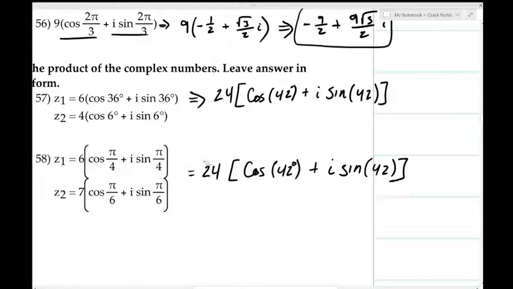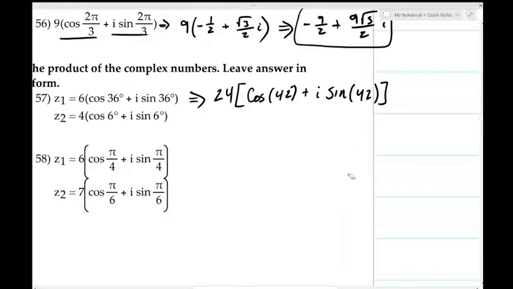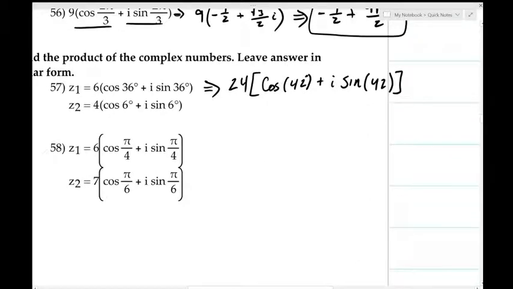Okay, number 58. Same deal, except now we have radians in the argument. So let's go ahead and multiply the two radiuses.